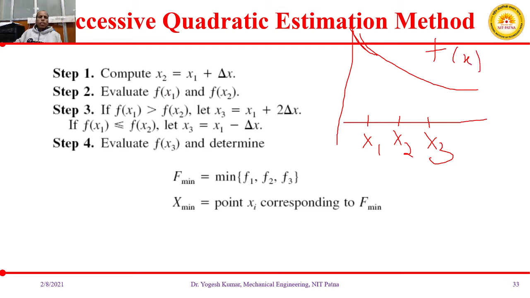So for the first condition, from the step we have a starting point, we already know x1 and we know the step size delta x. So we can calculate the value of x2. This is the value of the function at x1, fx1. This is the value corresponding to x2, so this is fx2.